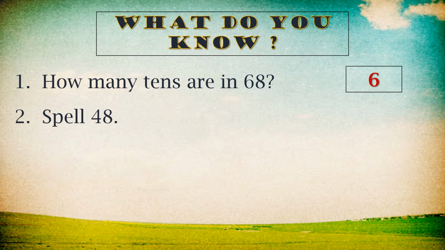Spell 48. Do you know how to spell 48? As I have said, when you spell 4, there's letter U: F-O-U-R. When you spell 14, there's U as well: F-O-U-R-T-E-E-N. But if you spell 40, you remove letter U from it.